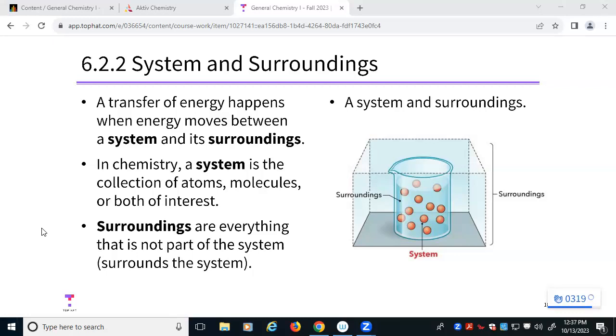So I've got my reactants, I've got my products, the overall chemical process that turns those reactants into products, that is my system. Everything else of relevance to that reaction that is not part of the atoms and molecules that make up the system is called the surroundings.